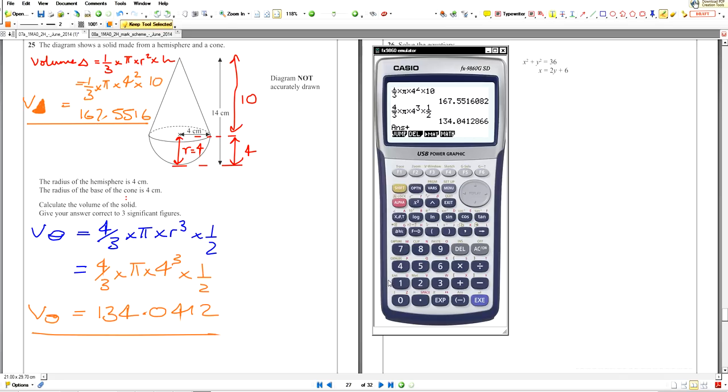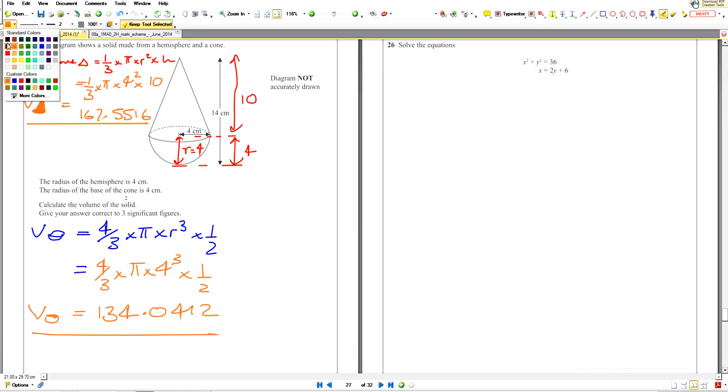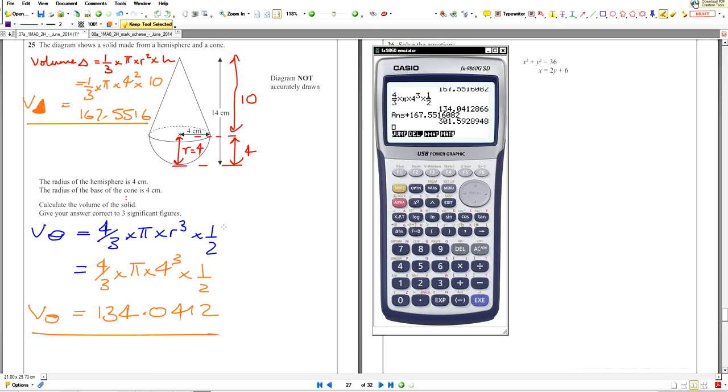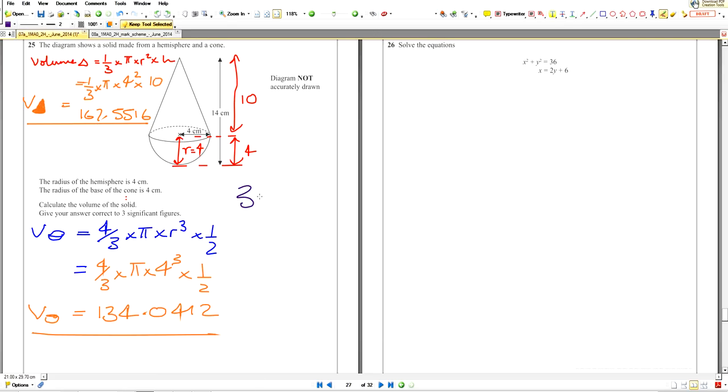Then we can add to that 167.5516082 equals. So I have an answer now of, let's change color for the answer, let's give it a nice purple, 301.59.